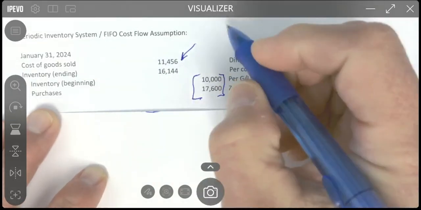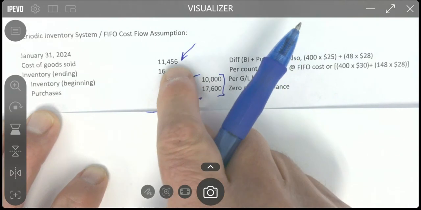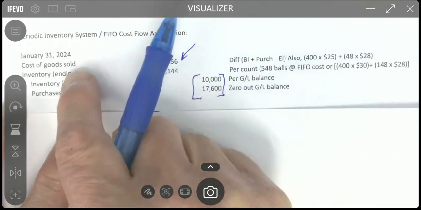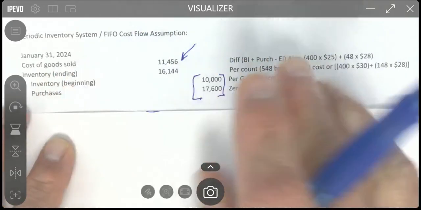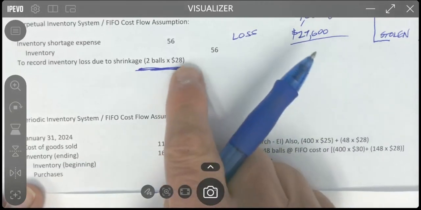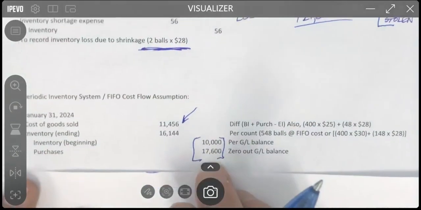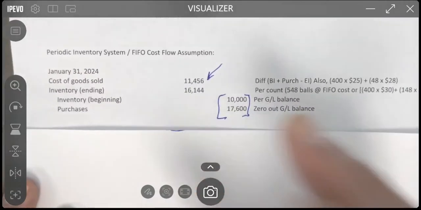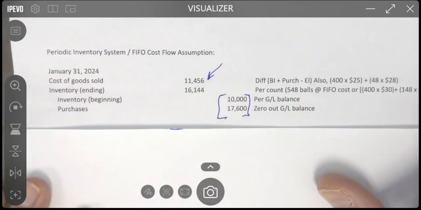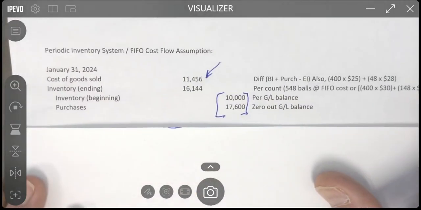And so the $56 of inventory shrinkage actually just goes into cost of goods sold rather than being specified as inventory shortage expense. So that's the one thing that's different under the periodic system.